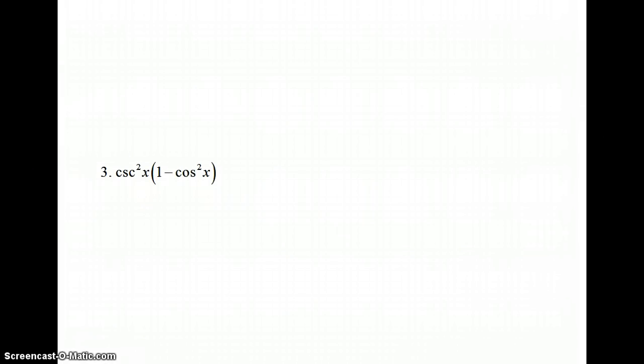Now this one's tricky because we know that we can replace cosecant of theta with 1 over sine squared of theta, right? And what is the relationship we learned about sine and cosine squared? Remember, sine squared theta plus cosine squared of theta equals 1.